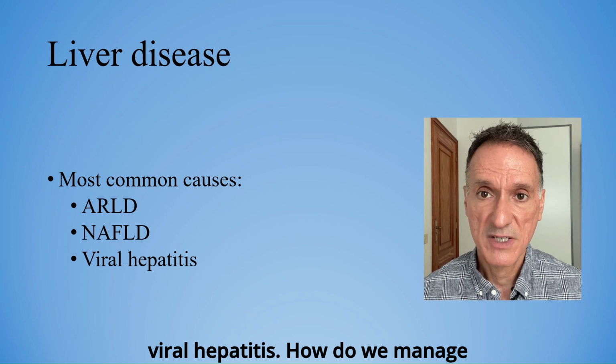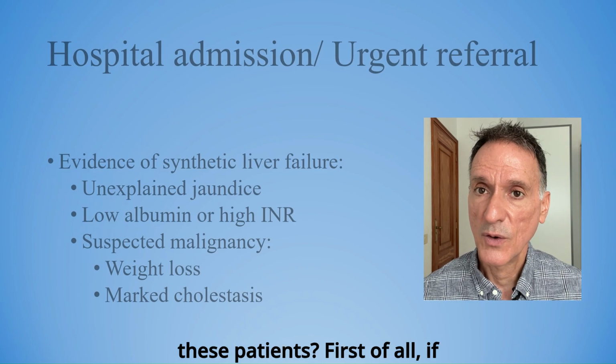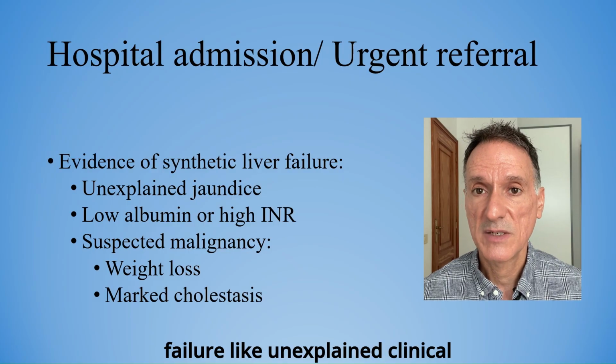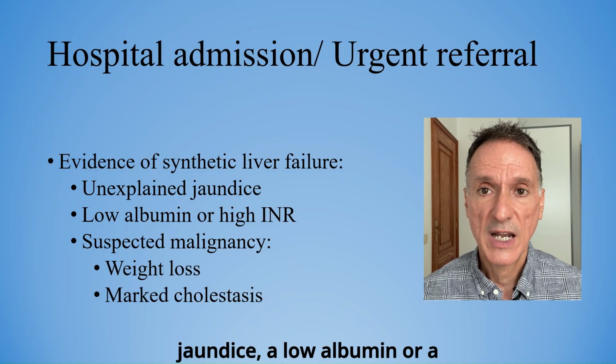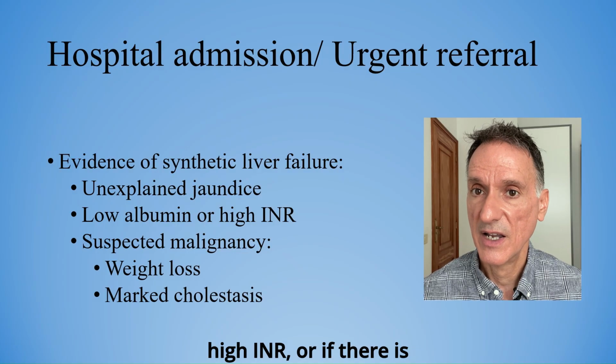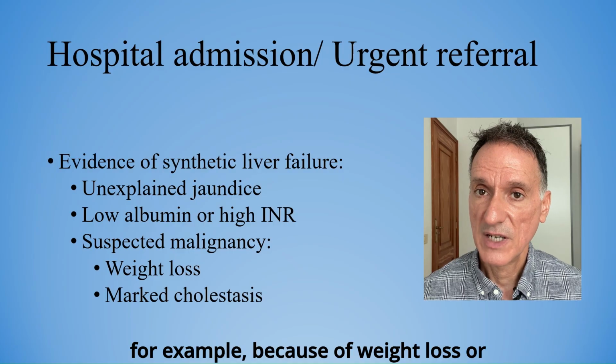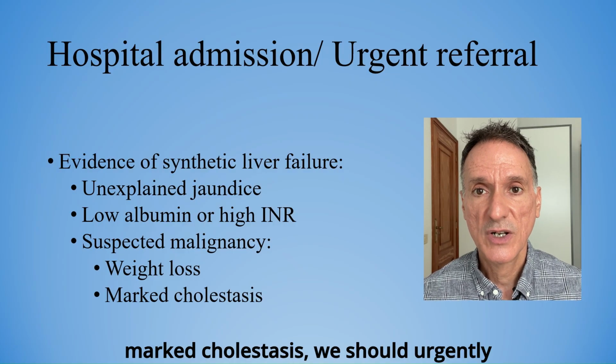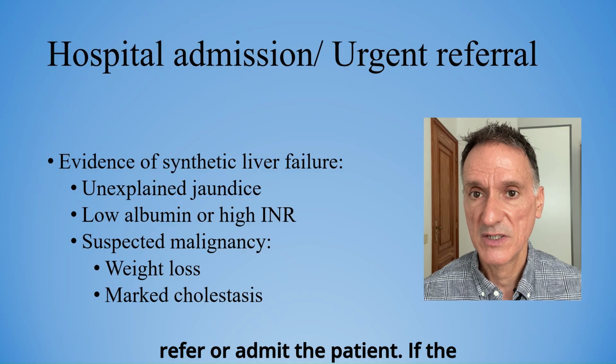How do we manage these patients? First of all, if there are signs of synthetic liver failure, like unexplained clinical jaundice, a low albumin or a high INR, or if there is suspicion of malignancy, for example because of weight loss or marked cholestasis, we should urgently refer or admit the patient.